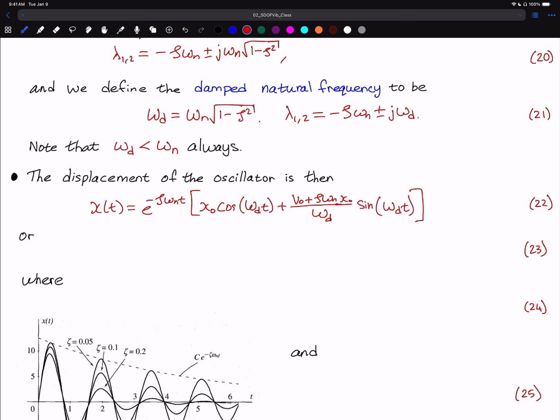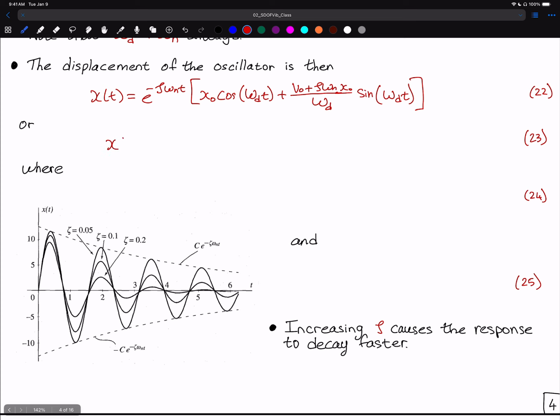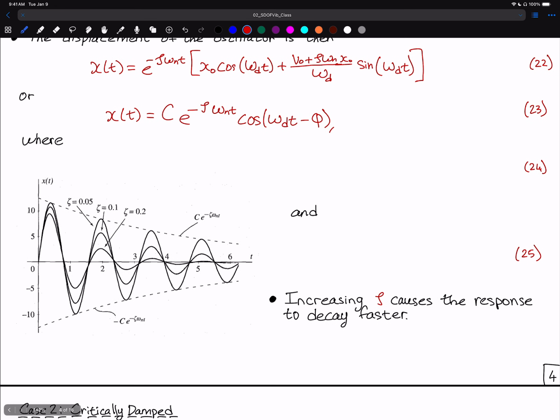And just like the previous case, we can combine these two trig functions together, and then we can write that x of t is equal to a big C times e to the minus zeta omega n t times cosine of omega d t minus the phase angle phi, where C, big C, is equal to the square root of x0 squared plus that big fraction, v0 plus zeta omega n x0, all of that divided by omega d, that big fraction squared, and the square root applied to all of that.